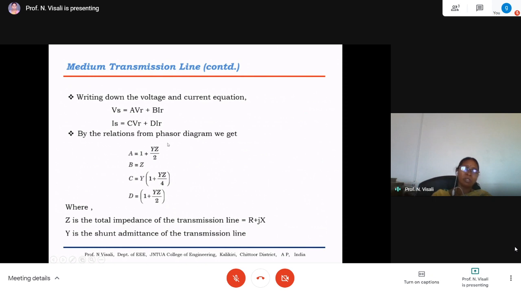The same ABCD values will be obtained. In the medium transmission line, the capacitance is concentrated at the middle or half of the capacitance at the ends. Both give the same response and the same values for impedance and admittance. Like this, ABCD parameters will also be calculated for a medium transmission line.